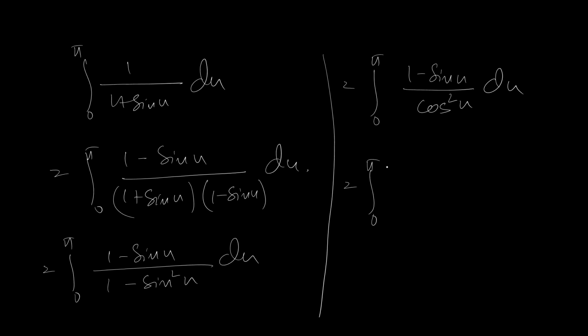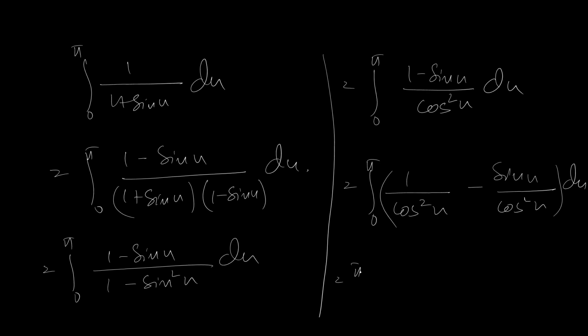So this is the integral from 0 to pi of 1 by cos square x minus sin x by cos square x dx, which is sec square x minus sin x by cos square x.